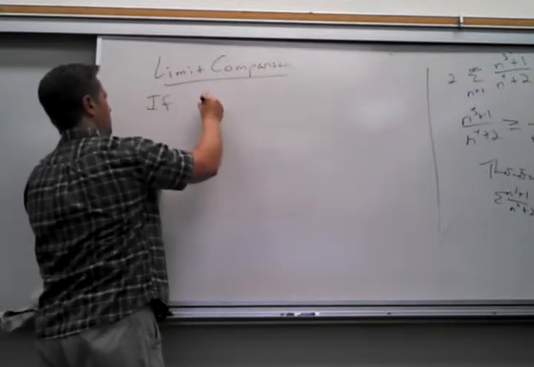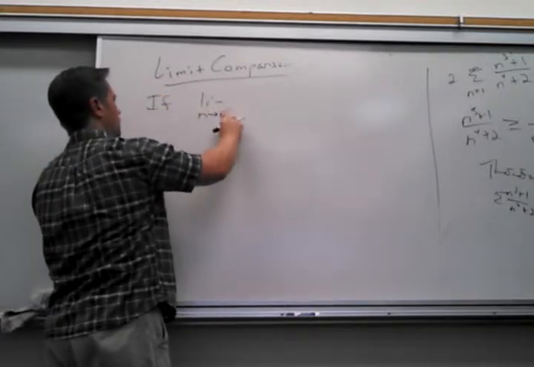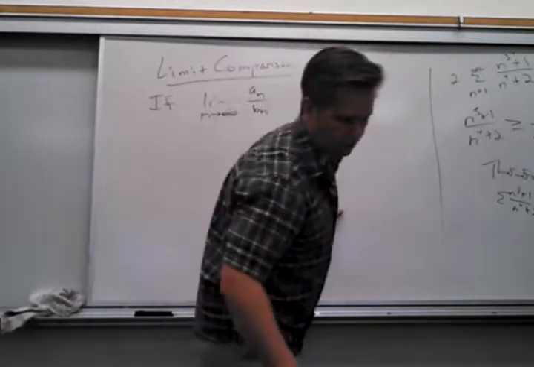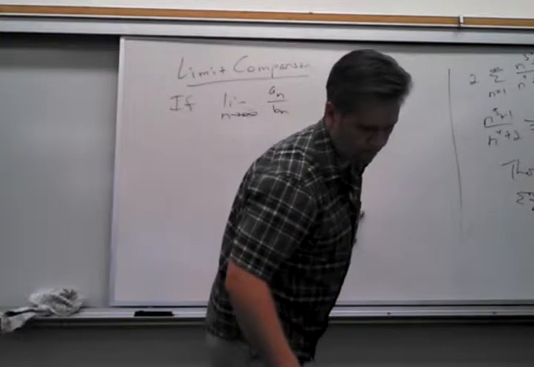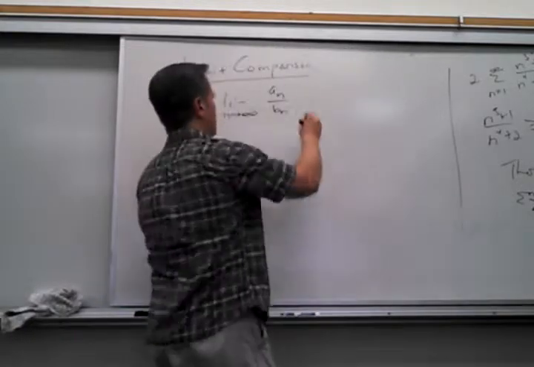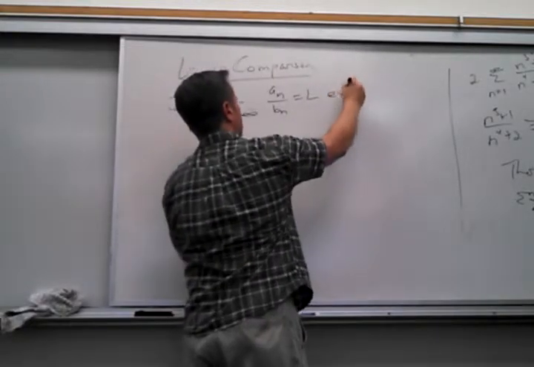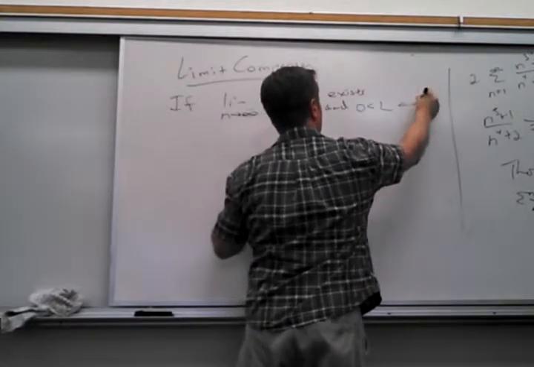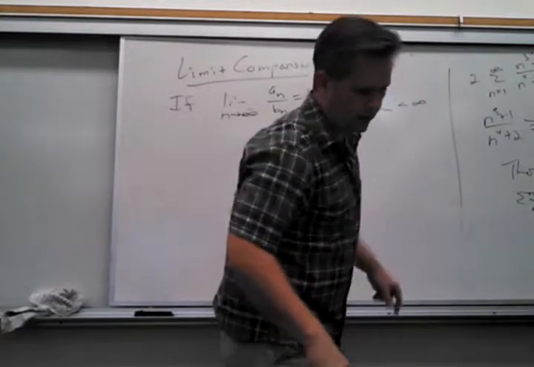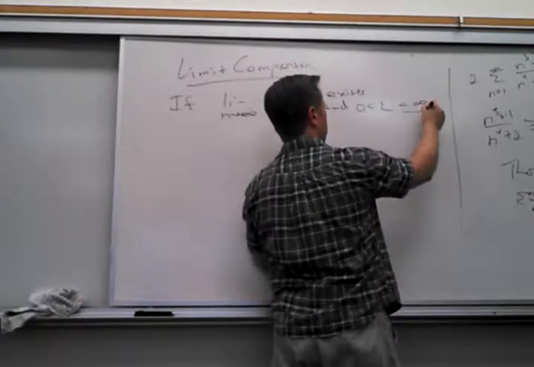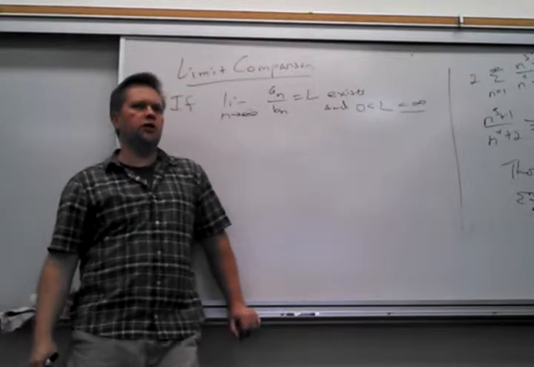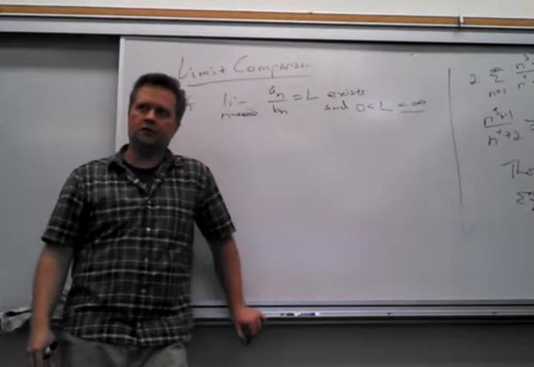If the limit as n goes to infinity of a_n over b_n equals L, exists, and L is between 0 and infinity. And this is a weird thing. Normally you would never see me write this, but this means it could get as large as you want it to, it just can't be infinite.